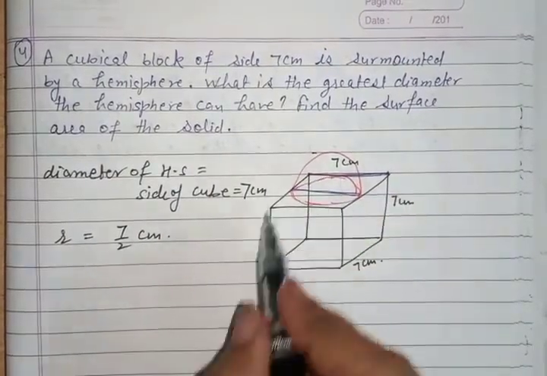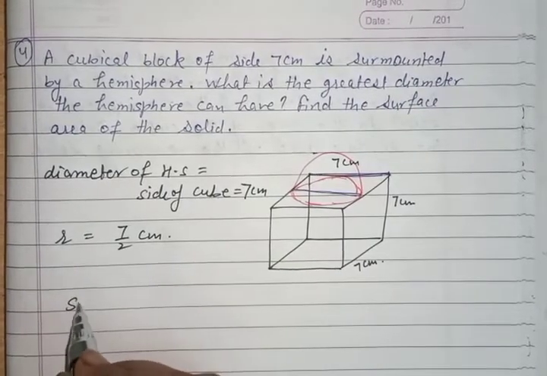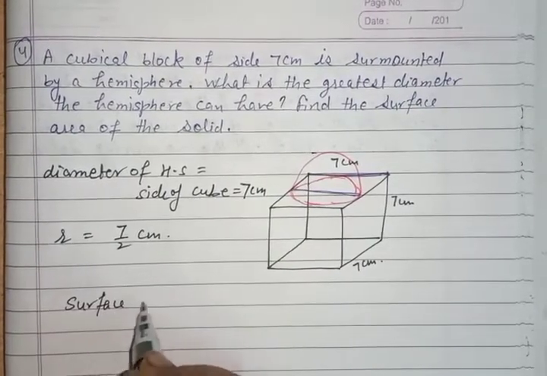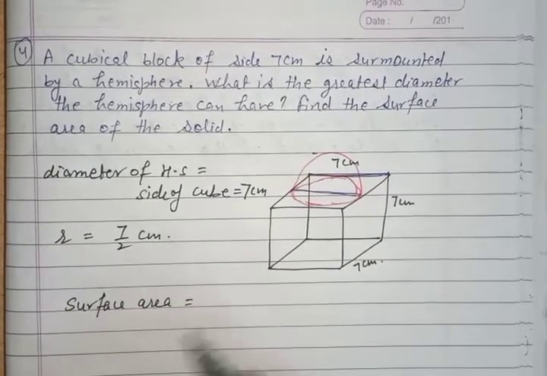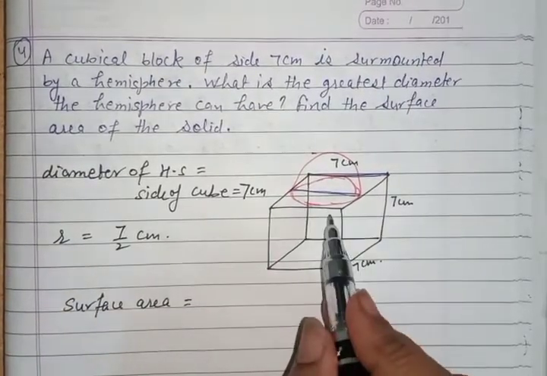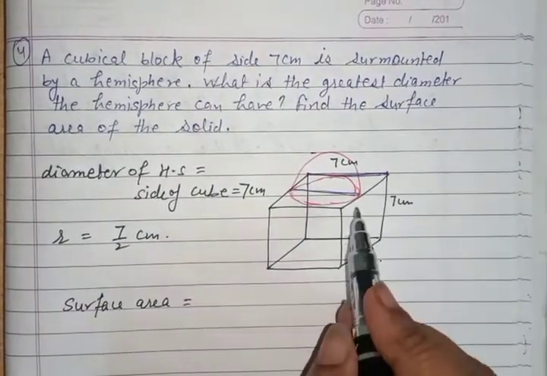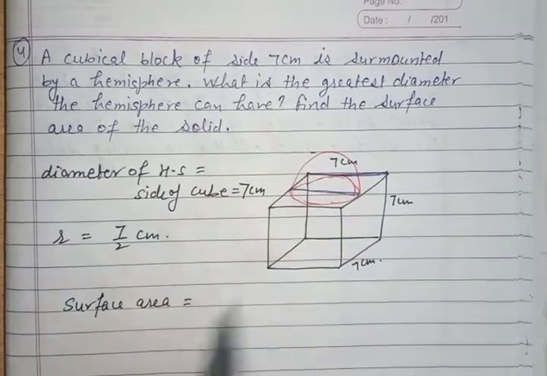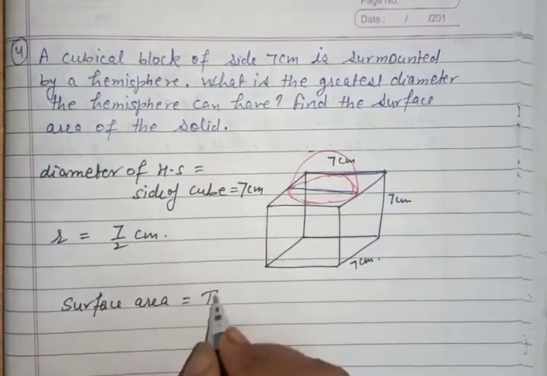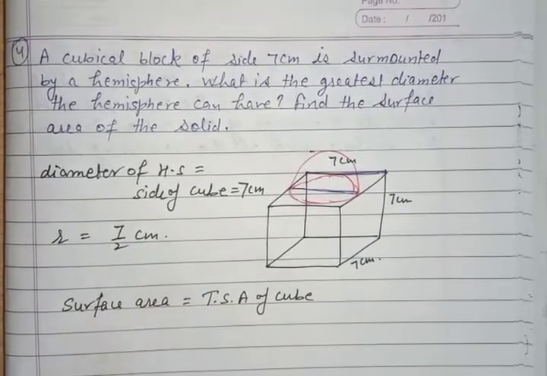Now we need to find out the surface area of the solid. Whenever there is a combination of figures, the meaning of surface area is the area exposed in front of us. So you can see that total surface area of cube, this cubical block. Why?